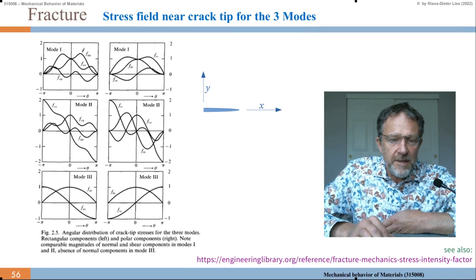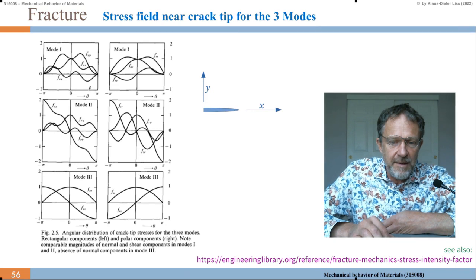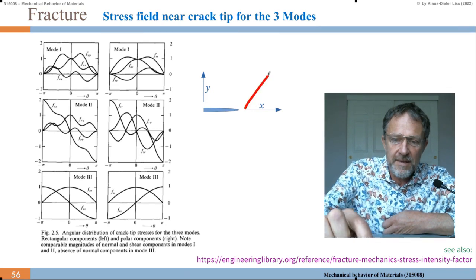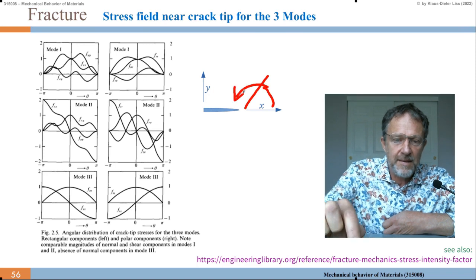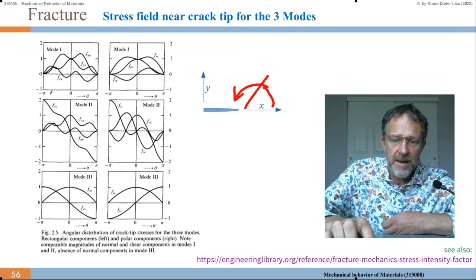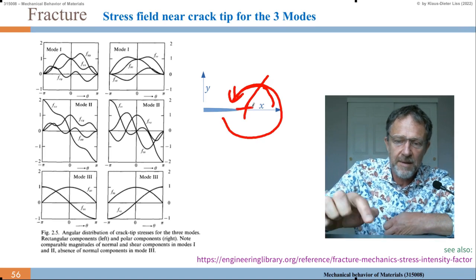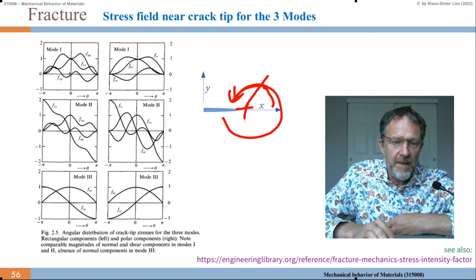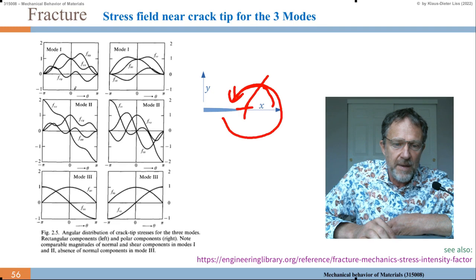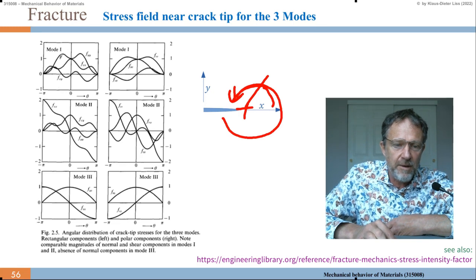If we look, for example, to sigma yy as a function of theta, so as we go around, this is theta, yeah? This is the angle theta, and as we increase this angle theta, or decrease it from minus pi, so minus pi is here to plus pi is there, we go around this crack tip here, then we see the sigma yy becomes maximum, not at 0, but in some orientation here, maybe 30 degree, at plus and minus 30 degree.